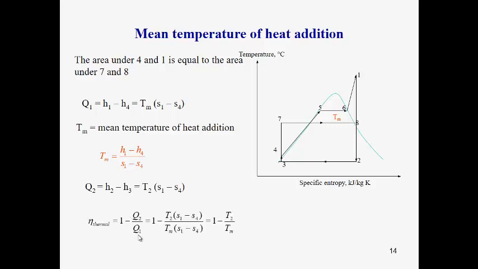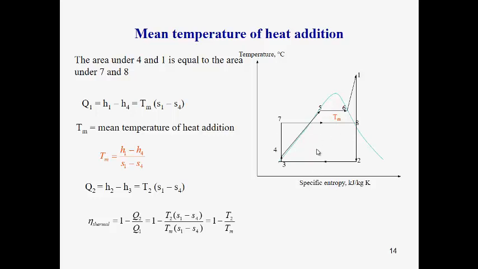It is substituted in the thermal efficiency, that is 1 minus Q2 by Q1. Q2 is T2 times S1 minus S4, and Q1 is Tm times S1 minus S4. For the heat rejection, we can see the area under the TS diagram, that is 3, 2, at temperature T2, and the entropy difference is the same, a rectangle.